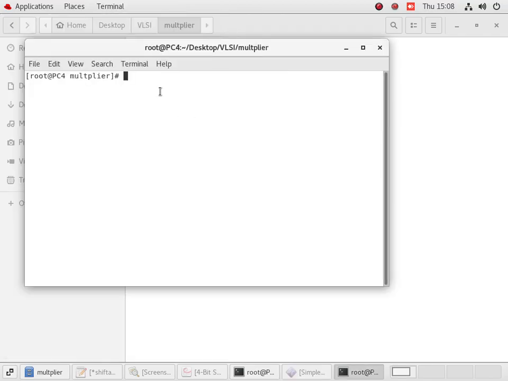First we will invoke the CSH command. This is the shell command which is used to execute the C shell scripts or commands in Cadence.